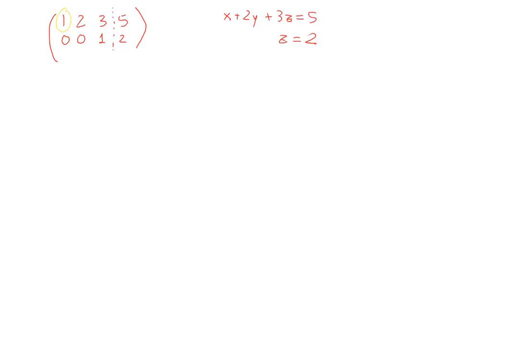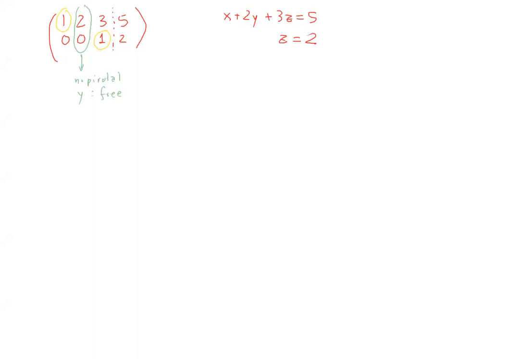Because it's the leftmost non-zero entry, and it's equal to 1, and everything below it is 0, and this one. So these are the pivotal elements. Which one doesn't have a pivotal element? This. No pivotal. So y will be a free unknown.